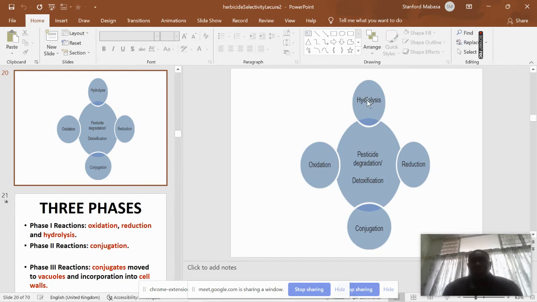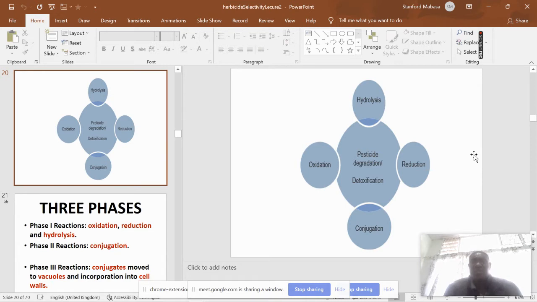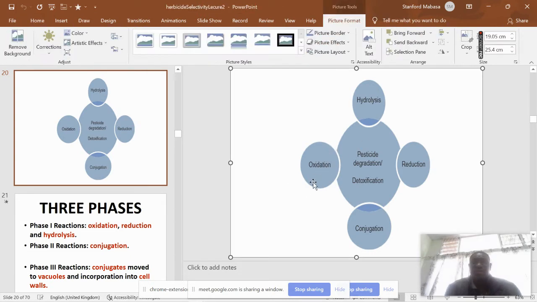Again, the cytochrome P450 monooxygenase and other enzymes as well will influence hydrolysis. The same enzymes again, cytochrome P450 monooxygenase, can influence reduction. Reduction is just one reaction. Hydrolysis, probably there are 3 reactions, and the oxidation, 5 or 6 reactions.